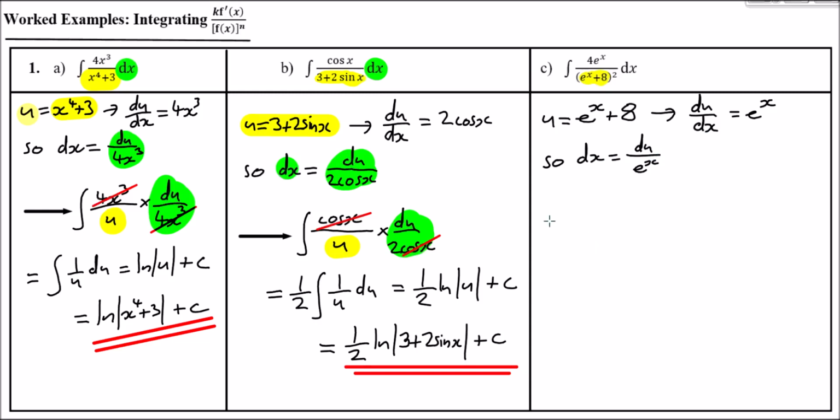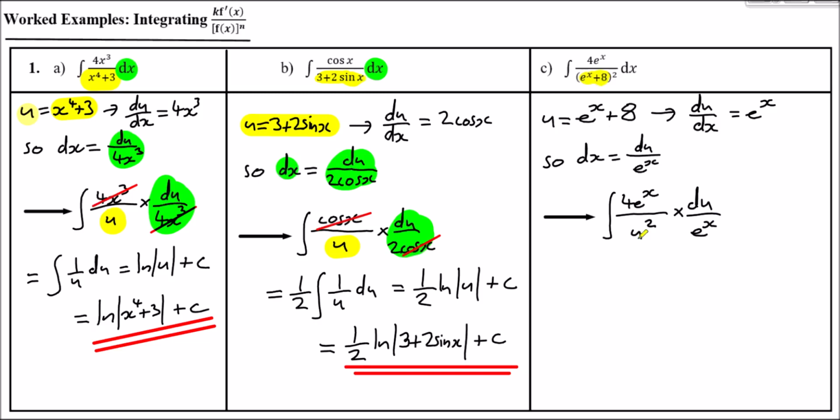We now transform the integral using the sub. So on the top we have 4e to the x. On the bottom, e to the x plus 8 we said was u, so we've got u squared there. And instead of dx, we're going to have du over e to the x.